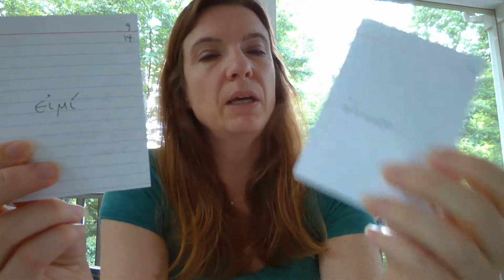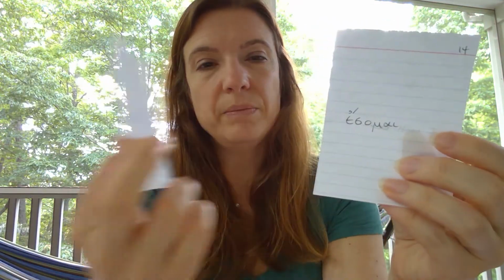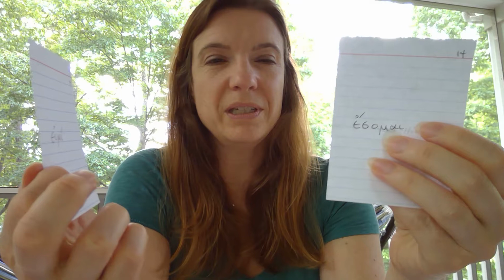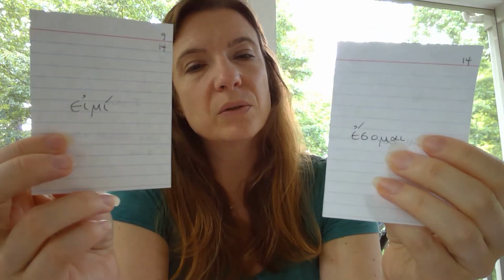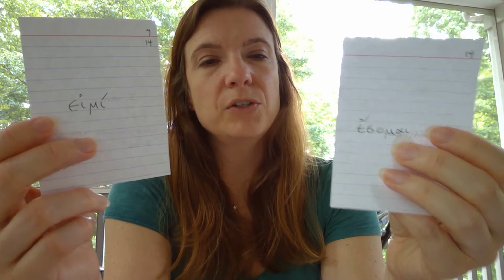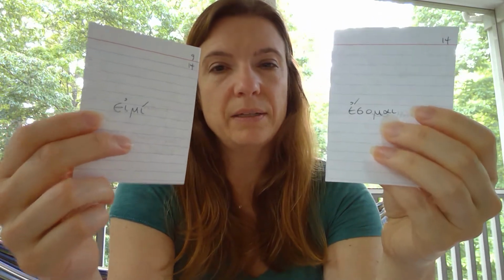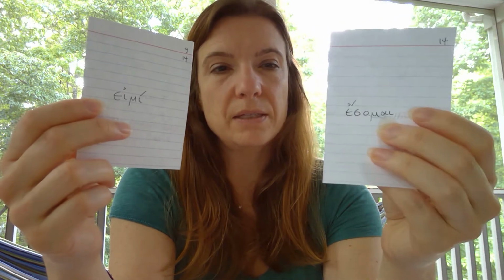So it's eimi, I am. It just has a different thing. You can see where the sigma goes in. It looks kind of like a deponent, but esomai. Your turn. Okay, eimi, esomai.